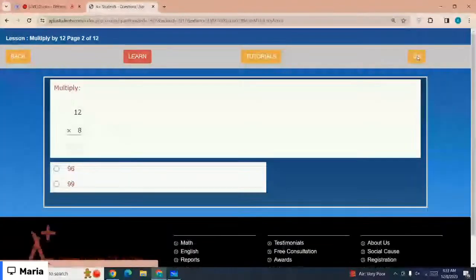Okay, the next one is 12 times 8, which is the correct option? Very good, 12 times 8 equals 96. So the correct option is 96, right?